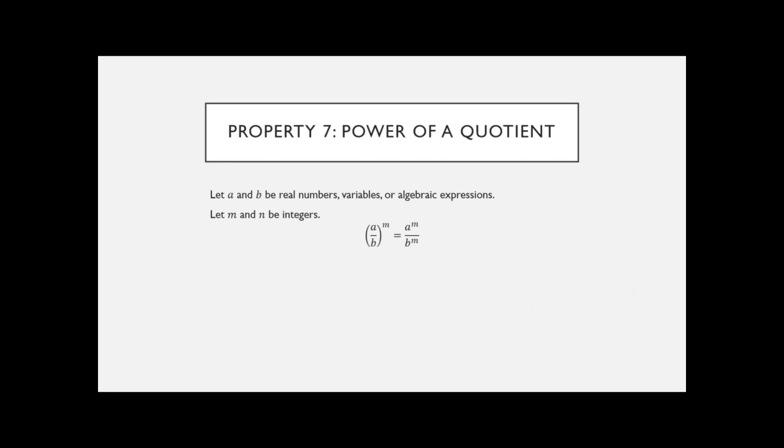So everything gets that outside exponent. So if I had (1/2) to the -1 power, I have 1 to the -1 power, and then I have 2 to the -1 power. So everything gets that exponent.